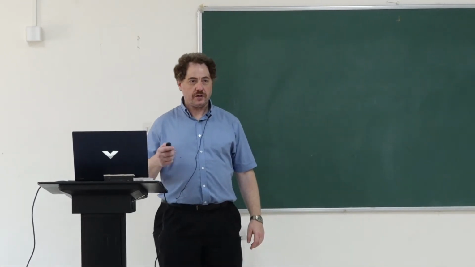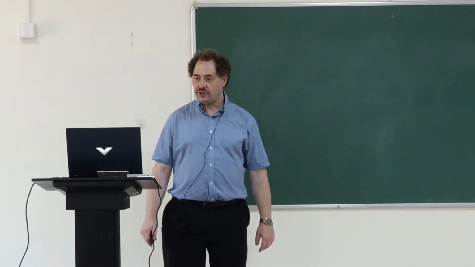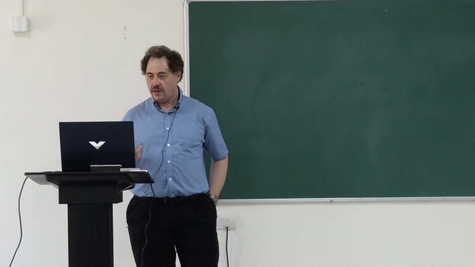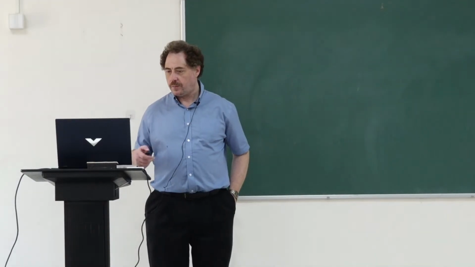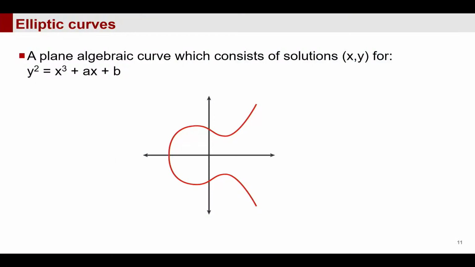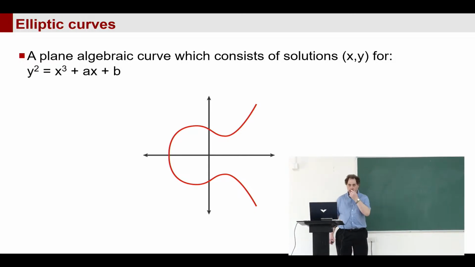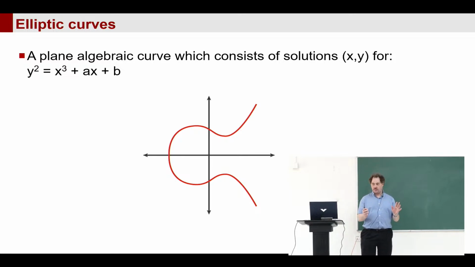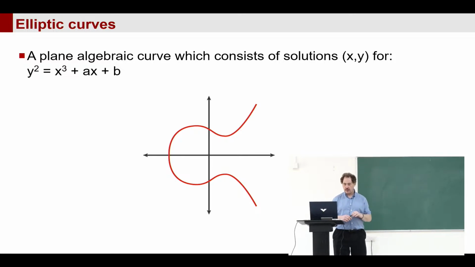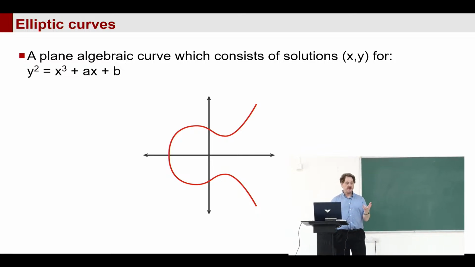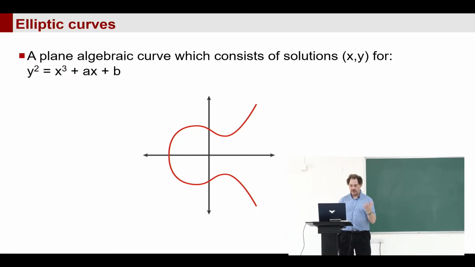Okay, now let me again give a brief explanation about what elliptic curves are. Elliptic curves are not ellipses, even though it sounds very similar. So what are elliptic curves? It's a plane algebraic curve in two-dimensional space, with an equation with two variables, x and y.